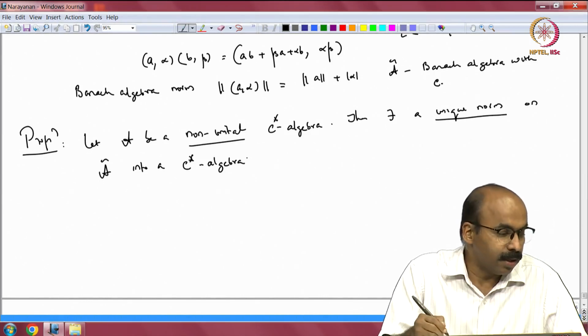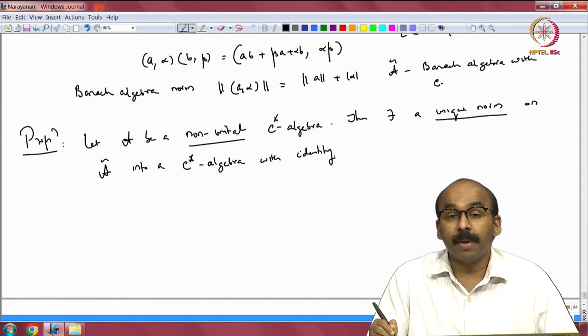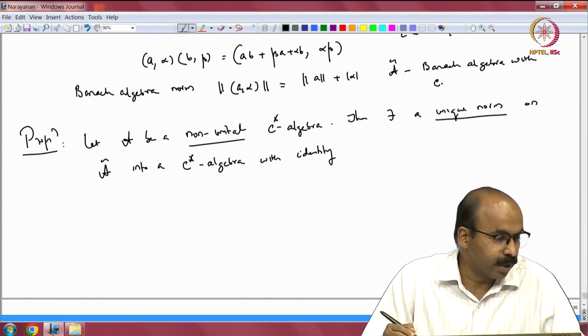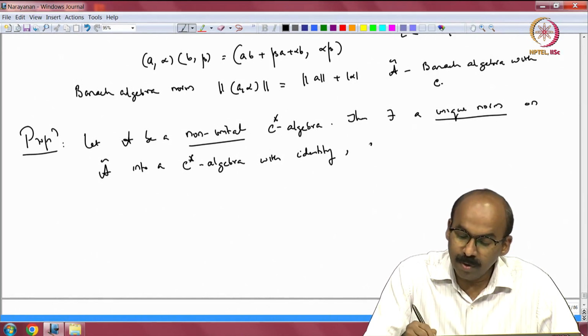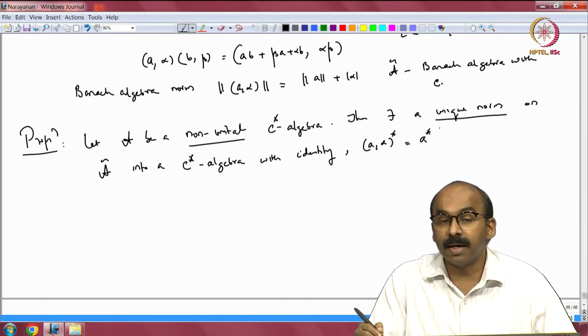Not just that, it is a C-star algebra with identity, so (0, 1) becomes the identity for A tilde. And the involution is: (a, alpha) star would be (a star, alpha bar), where a star is the involution on script A, since it is a C-star algebra.